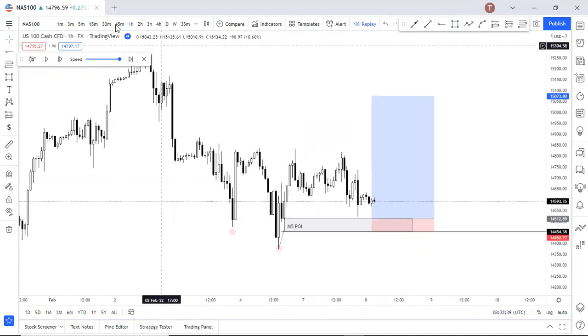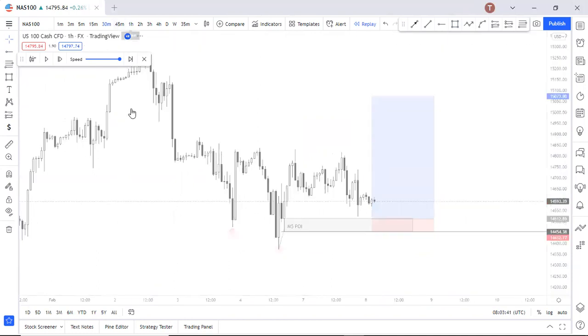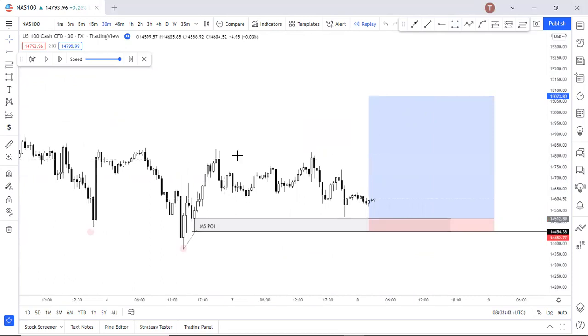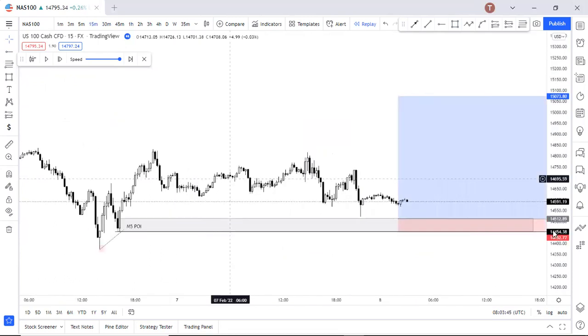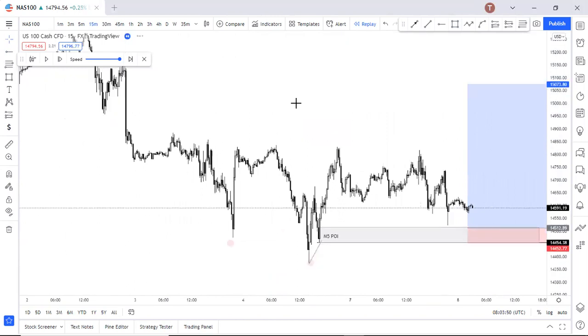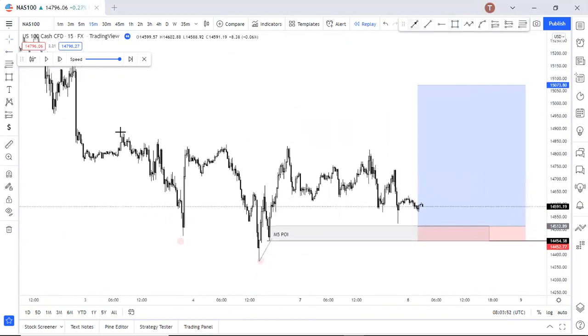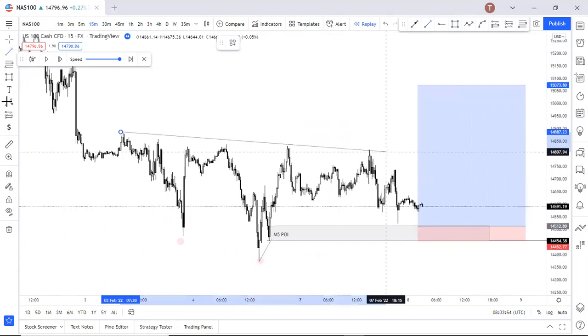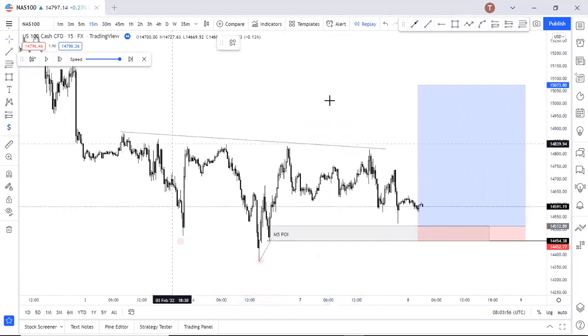Let's move back to the 15 minutes time frame. So all I needed was wait for market to come tap me right in. Bear in mind we have this liquidity to clear, and we have this imbalance to fill.